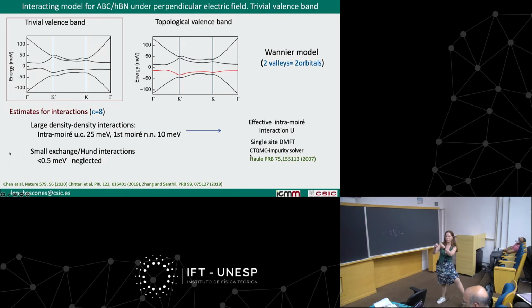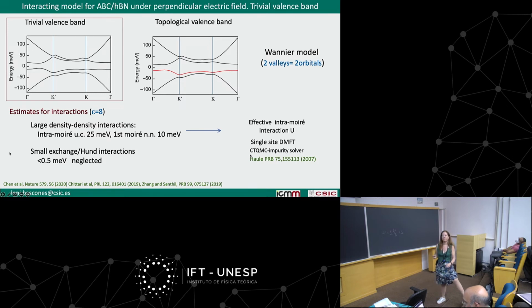Then the interaction between the densities at first nearest neighbor is of the order of 10 milli-electron volts. And then other interactions that tend to polarize the electrons inside or in neighboring sites are also much smaller. So these interactions, we are going to neglect them.